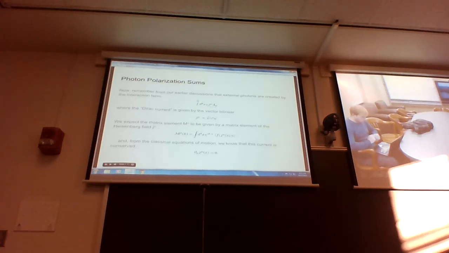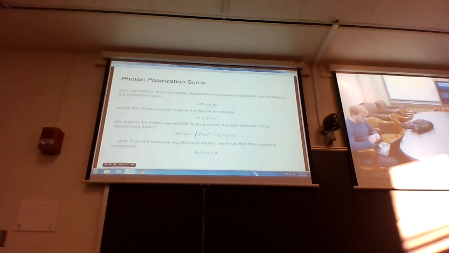So what we would expect, given this information and what we know about having stripped off the polarization vector, is that this matrix element, the one without that epsilon, right?